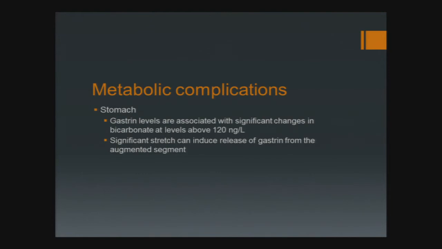So as the gastrin levels increase, the amount of effect they have increases, and kind of the key number here is 120 nanograms per liter. You also have to remember that if you're going to use the stomach, then the stretch mechanism for release of gastrin in the stomach is going to be triggered by the urine, and that can end up changing your metabolic complication rate.